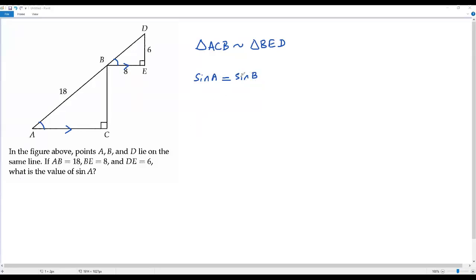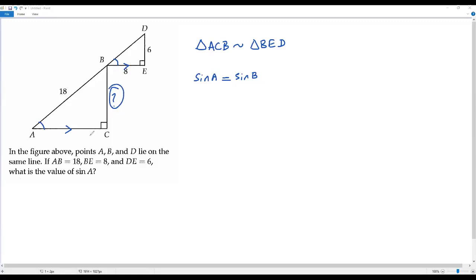Okay, now what we can do is get the value of sine B. Whatever value we get for sine B, the same value can be considered for sine A. So why should I find the value of sine B? Better we find the value of sine A, because according to the question we have to find sine A. Yes, we can find it, but in this triangle, if I want to find sine A, I must know the opposite side, because when I find sine A, I have to consider the interior angle measure at the vertex A. The side which is opposite to this interior angle is the opposite side.